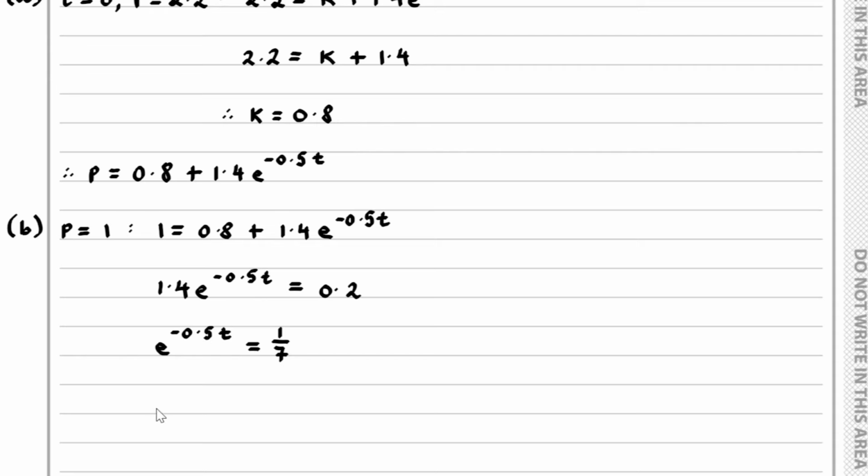And so negative 0.5 t is equal to the natural log of 1/7.